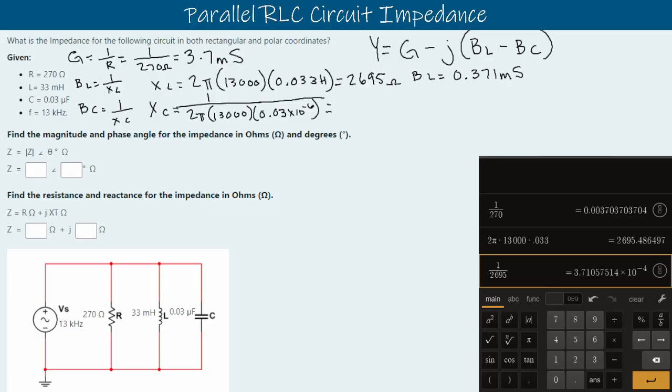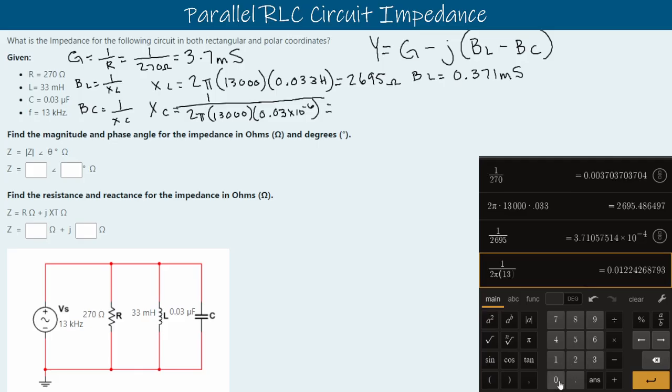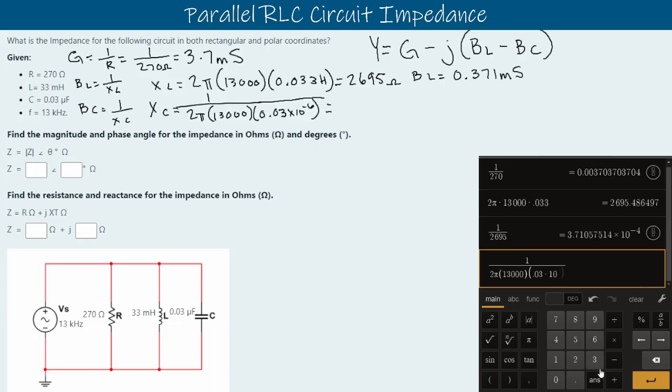We'll get an ohmic value out of this for our capacitor. So 1 over 2 pi times our frequency, 13,000, times our capacitor value of 0.03 times 10 to the micro, which is negative 6. And that is our answer there.